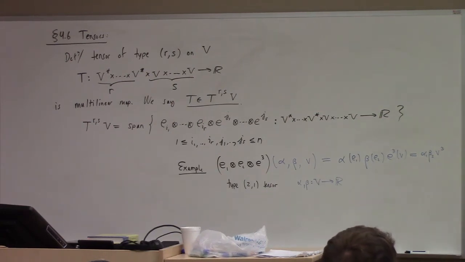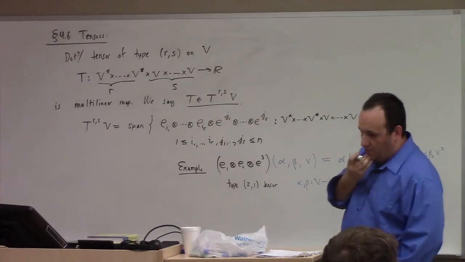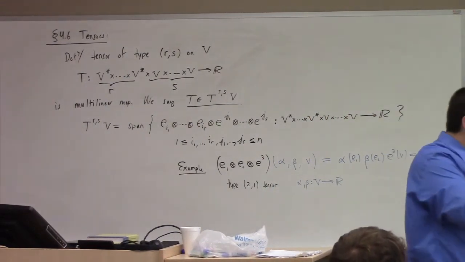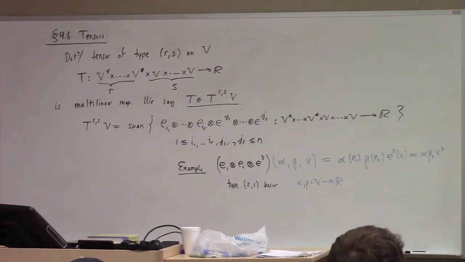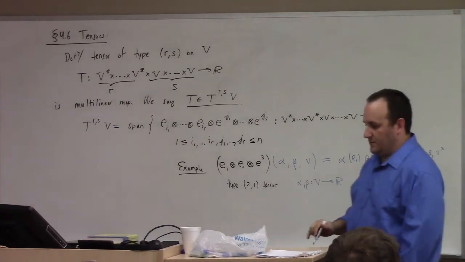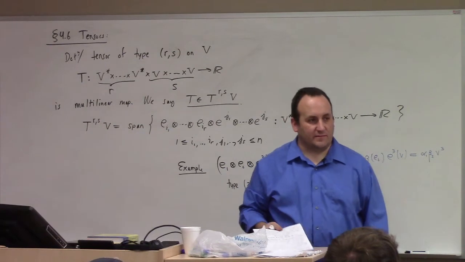This is what a tensor field looks like over a manifold which has coordinates x1 through xn. Now, I say manifold, but honestly, we're going to be working in Rn, so mostly these are just coordinates on Rn.